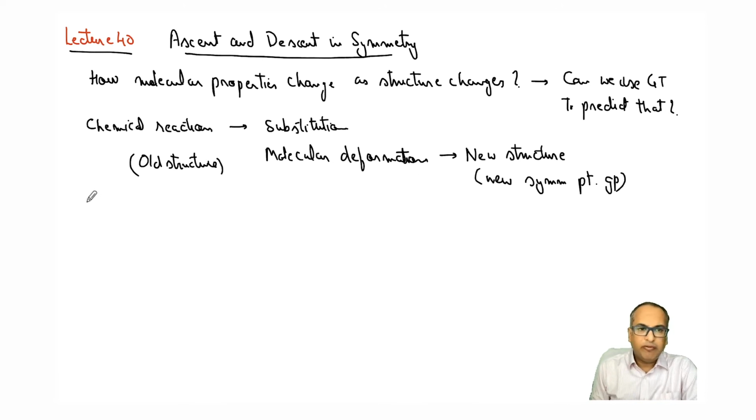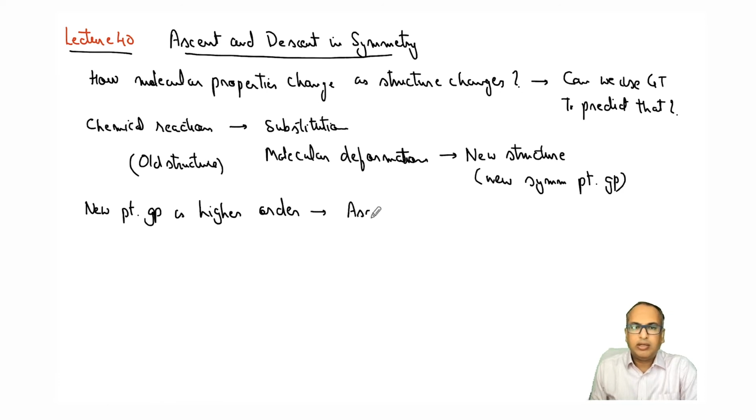So if the new point group is of higher order, then we call it ascent in symmetry, because we are actually increasing the symmetry. If the new point group is of lower order, then we call it descent in symmetry. We are decreasing in symmetry.